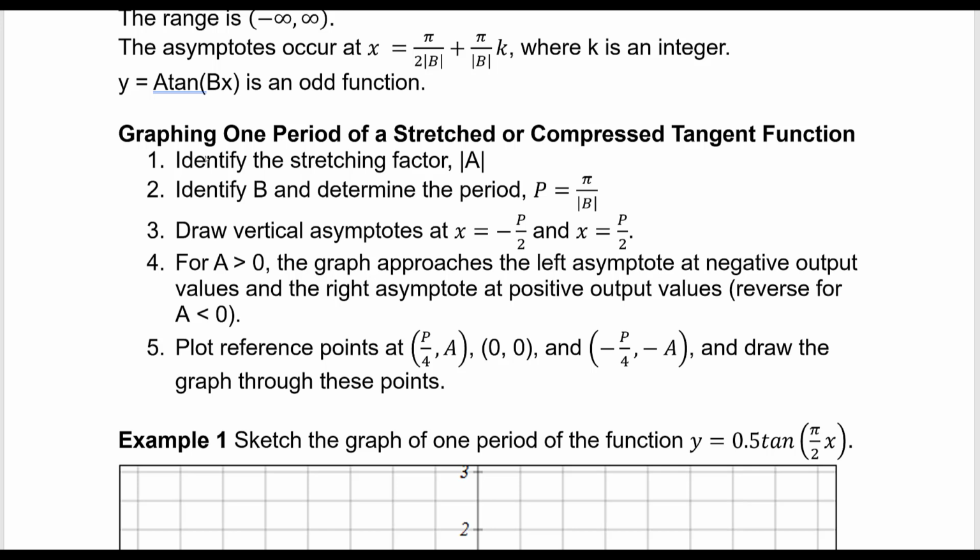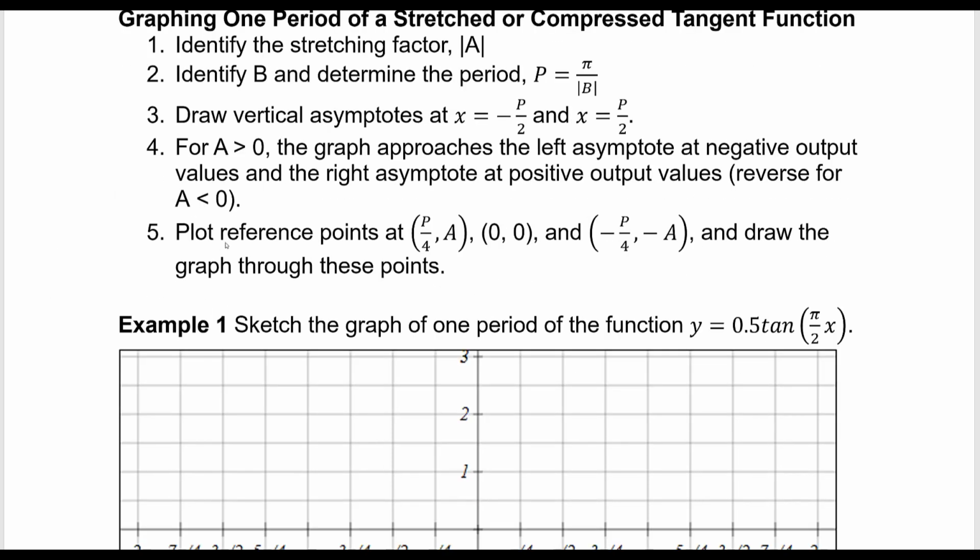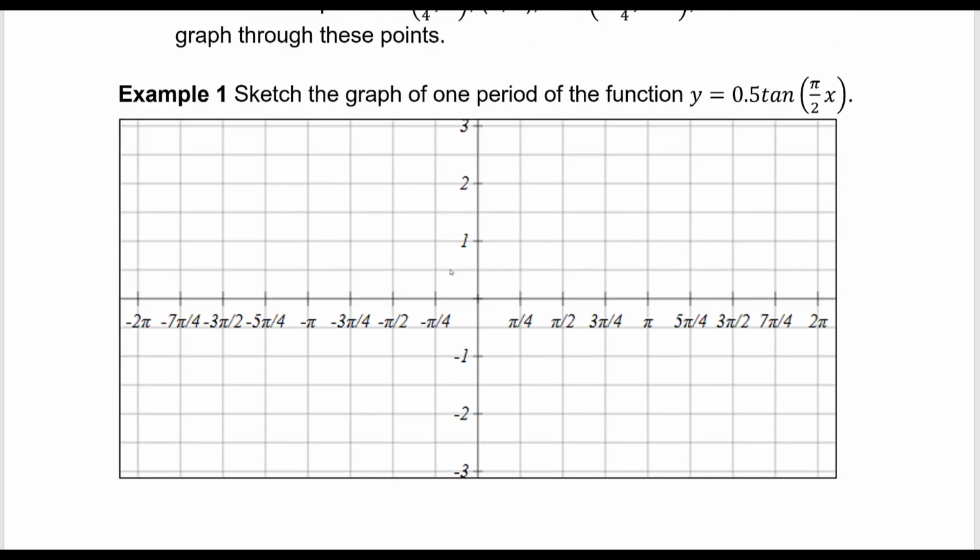For a greater than 0, the graph approaches the left asymptote at negative output values and the right asymptote at positive output values. But if a is negative, your leading coefficient is negative, it'll be going up as you go to the left and going down as you go to the right. So that's if a was negative. Then plot the reference points and draw the graph.